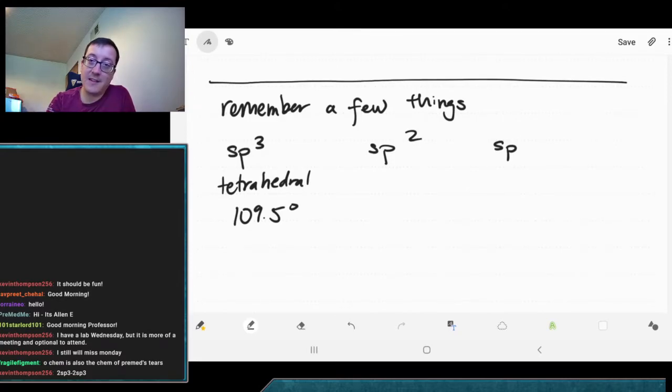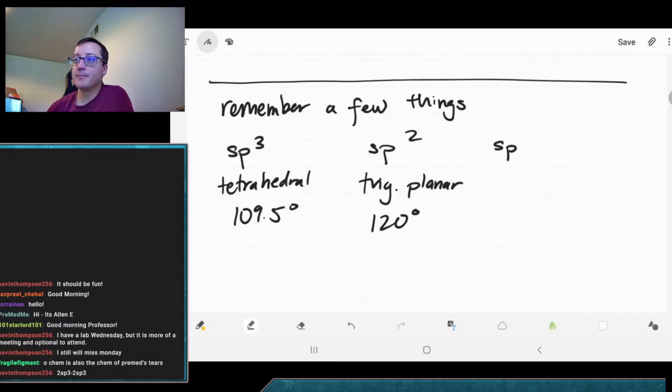If we're dealing with anything that's sp2, those are going to be trigonal planar. Those are going to have 120 degree bond angles. And anything that's sp is going to be linear. And that'll be our 180 degree bond angles.